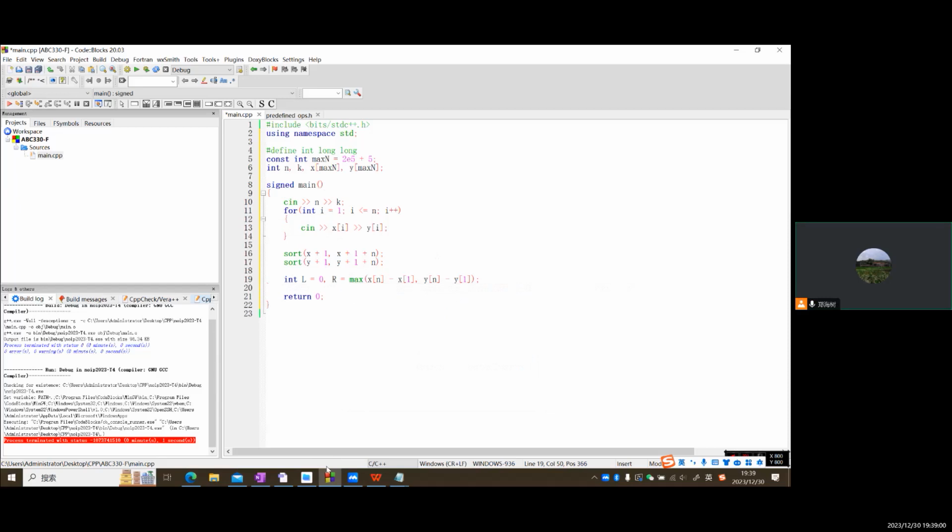This is the maximum x distance, and this is the distance between yn and y first.